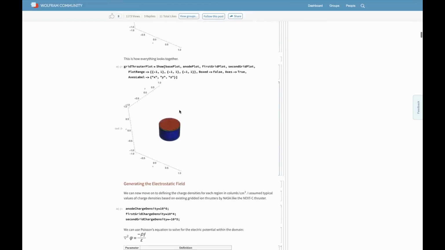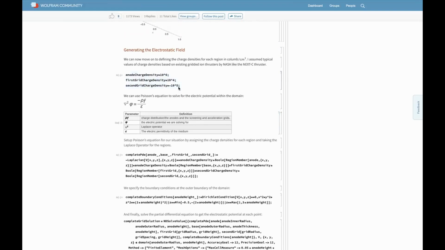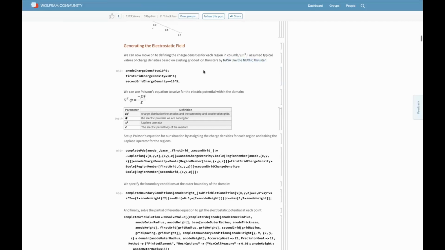Yeah, these are values I found on NASA's websites on ion thrusters that they've already used before. Okay, so for a similar type of thruster, these are the empirical values that they found, so then you were able to plug them in. Yeah, from NASA's NEXT thrusters. Okay, all right.